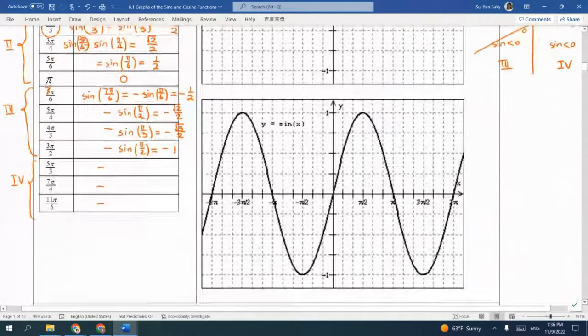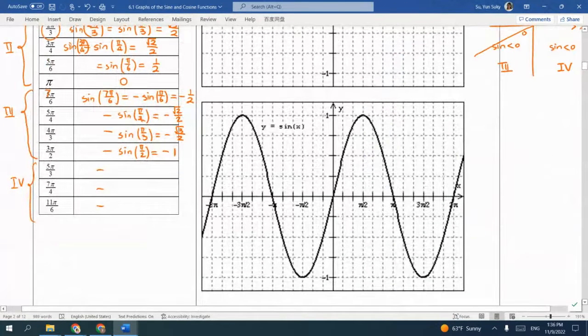So what is 2 pi minus 5 pi over 3? It will be pi over 3, right? Because 2 pi is 6 pi over 3, minus 5 pi over 3, is pi over 3. And sine pi over 3 is root 3 over 2.